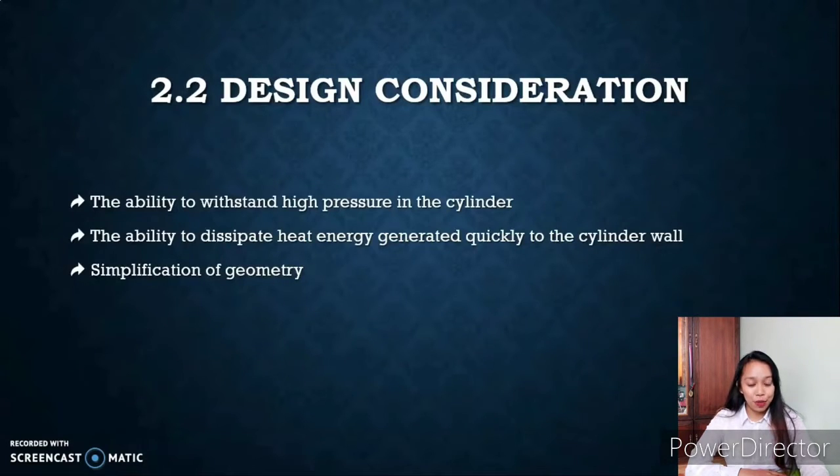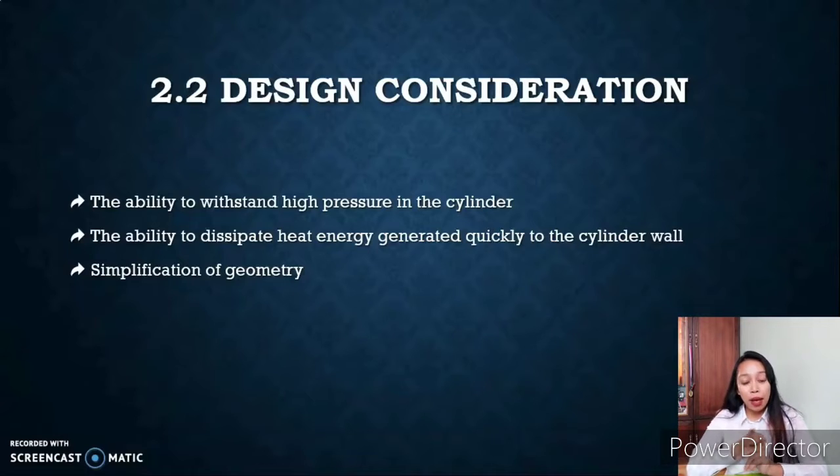In our analysis, we mainly focus on the piston head without any piston rings and connecting rod attached to the piston. There are several things that need to be considered when designing the piston head. The first one is the ability to withstand high pressure in the cylinder, mainly during the compression and power stroke.